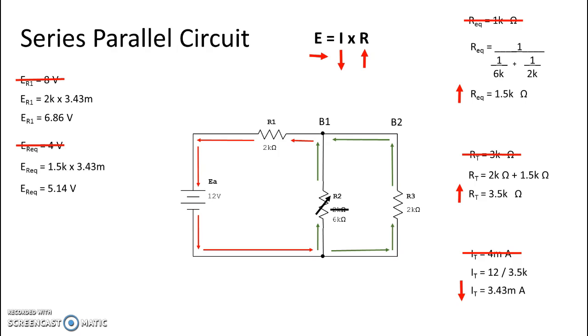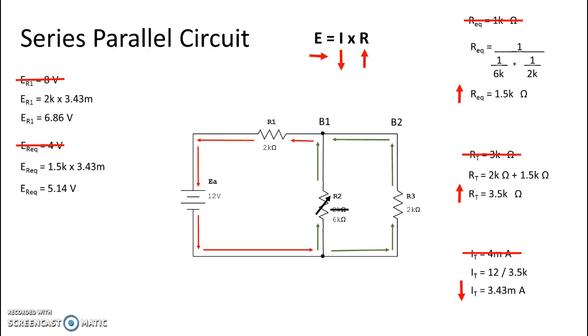On the other side, you will also notice that when you have components where their ohmic values change, such as our parallel branches in this circuit, which have increased to 1.5K, the voltage drop follows the increase in the ohmic value. And so with an increase in ohmic value, we see an increase in our voltage drop. And this happens over and over in electronic circuits. So keep an eye out for that.